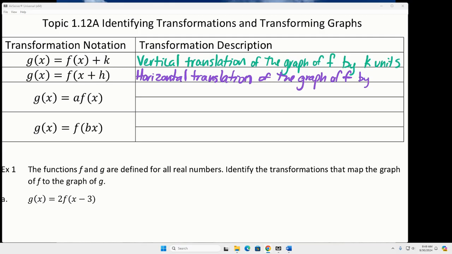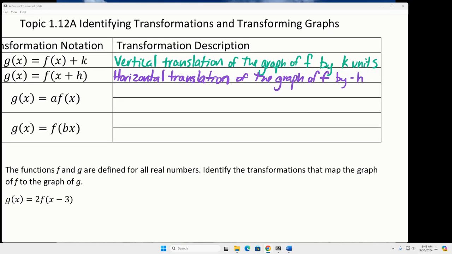It's the opposite. So it's going to be by -h units. Now, when I taught Algebra 2, and even in my regular pre-calculus class, I tell my students that the inside lies. So it's going to be the opposite or the inverse of what it's telling you because it's lying to you. But the outside doesn't lie. It does what it says.